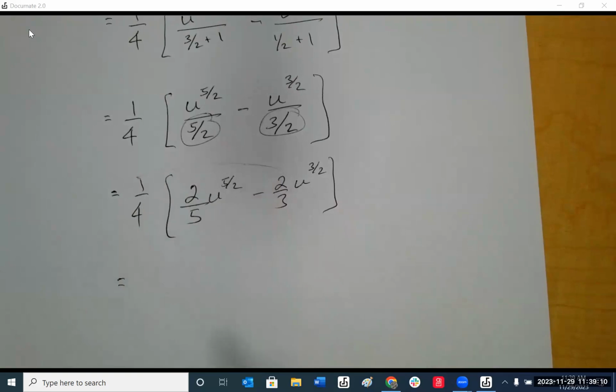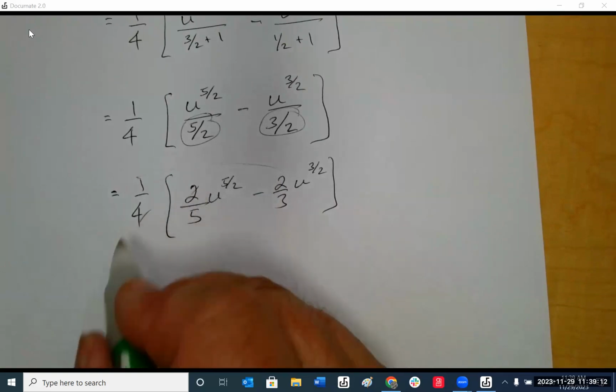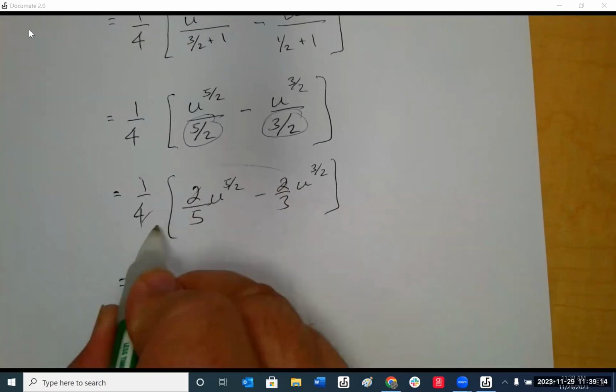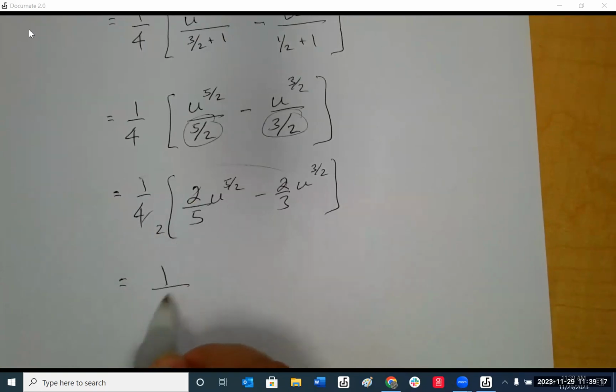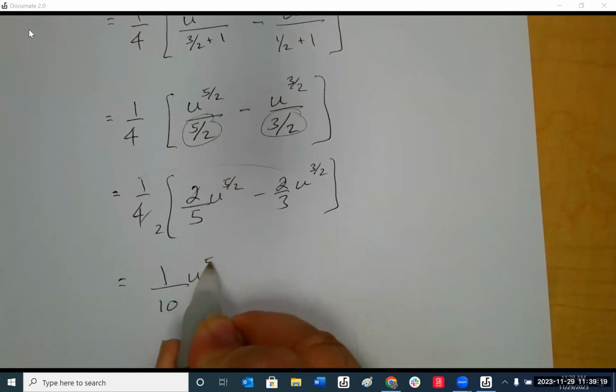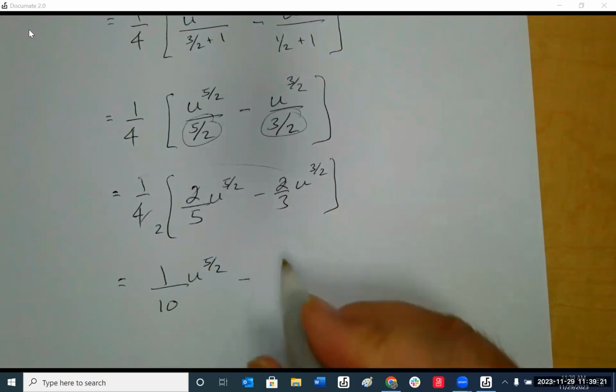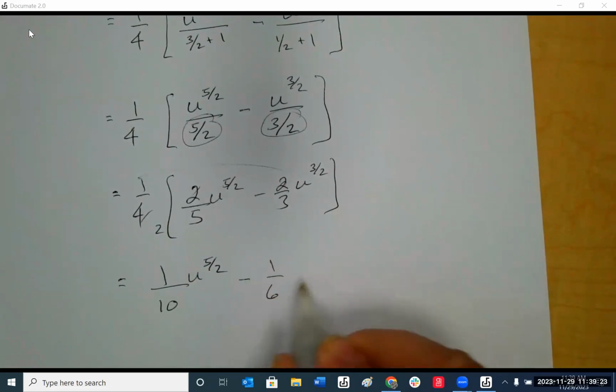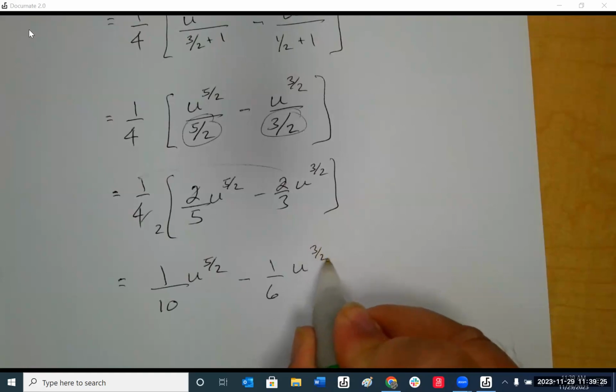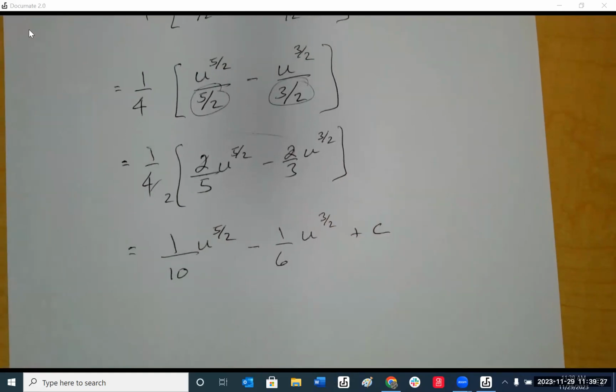Now if we distribute through there, the 2 and the 4 cancel, so it's 1 over 10 u to the 5/2, minus 1 over 6 u to the 3/2, plus c.